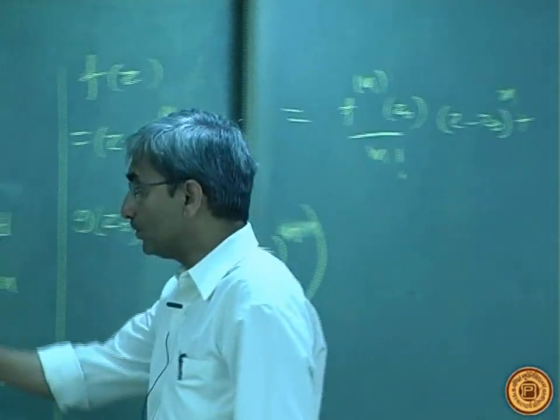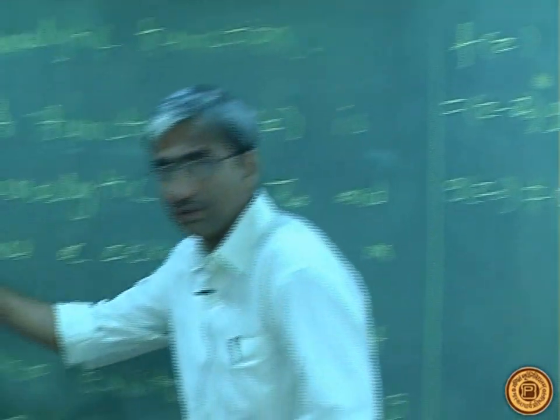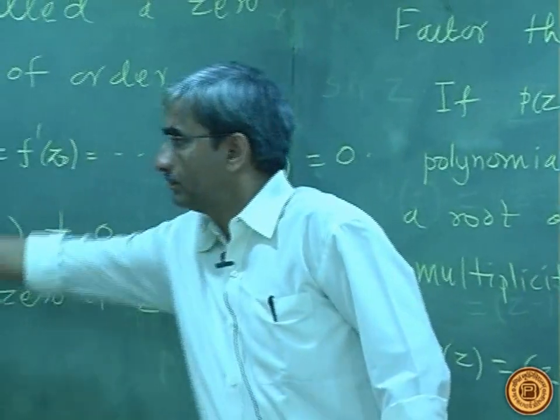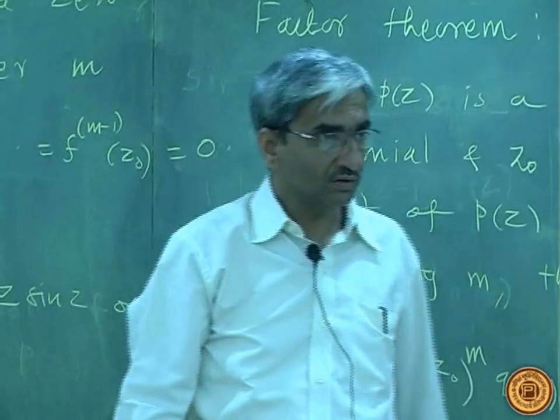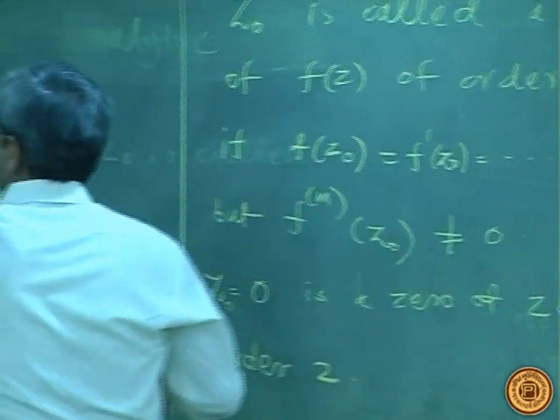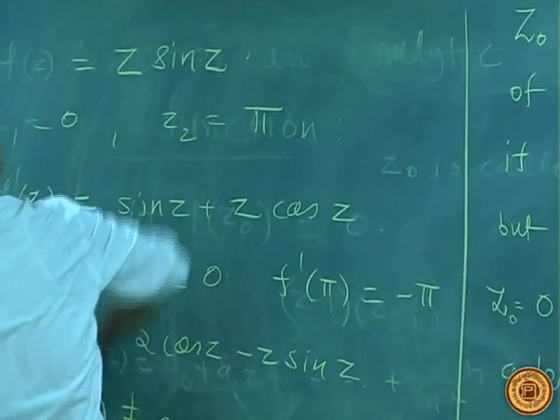Now we want to show that if f is really of this form, then f has a zero of order m. So now let's start with that.